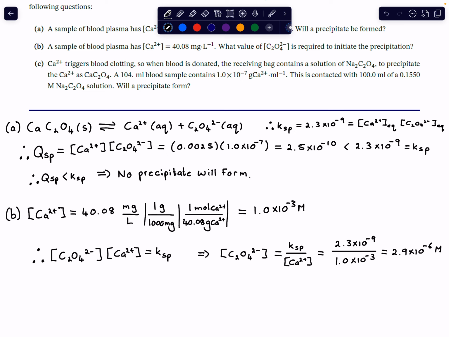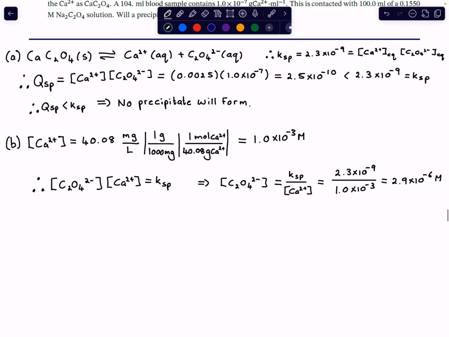That's a weird little technicality, but everyone's happy that that is the point where we initiate precipitation. So don't break your head on that. It's only when QSP is less than KSP that definitely no precipitate will form. Okay. So we can move on to C.